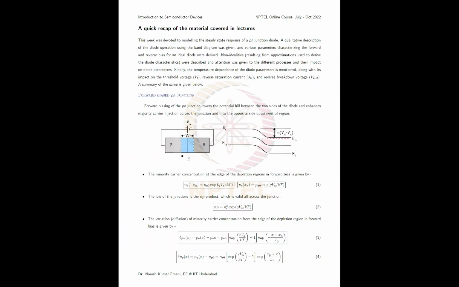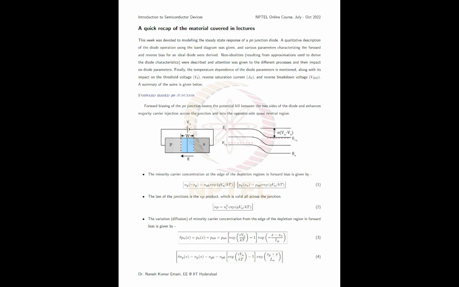Now a recap of what we studied today. This week was devoted to modeling the steady state response of a PN junction diode. We had a qualitative description of diode operation using band diagram and various parameters to characterize the forward and reverse bias for an ideal diode.